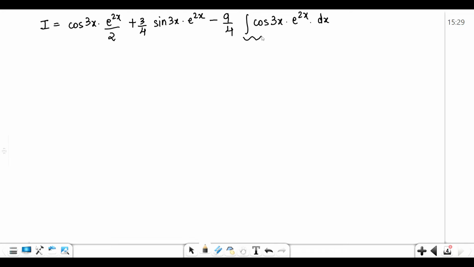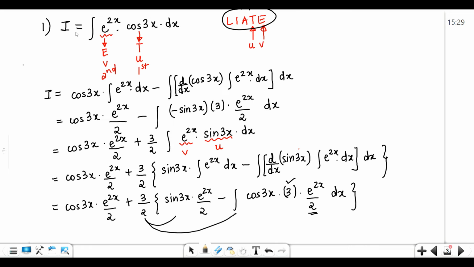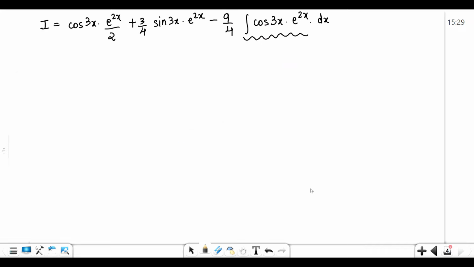Now if you check, this term is nothing but the question itself that was given, so we can substitute I here. So we'll write 9 by 4 I and plus c, and this whole thing will be repeated, plus 3 by 4 e raised to 2x sine 3x.